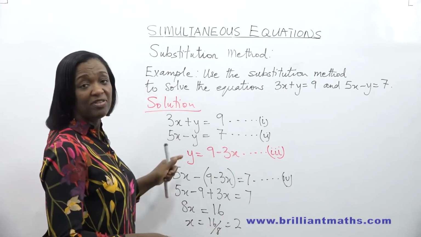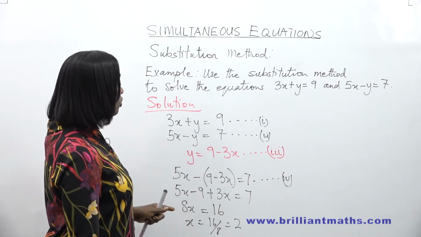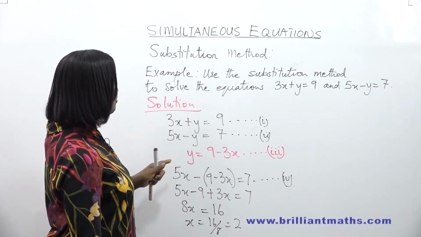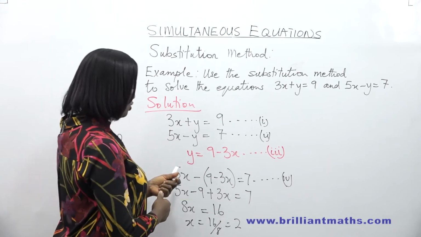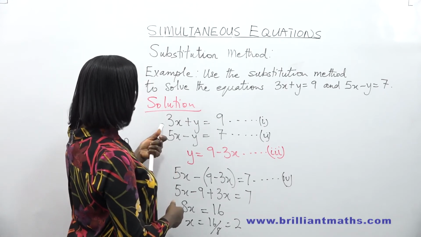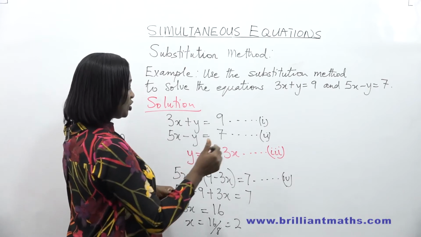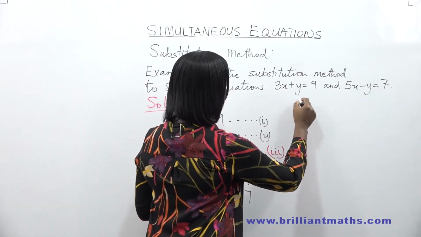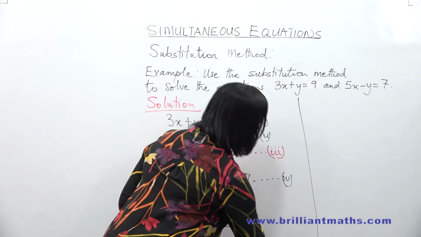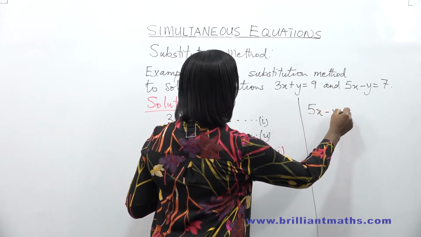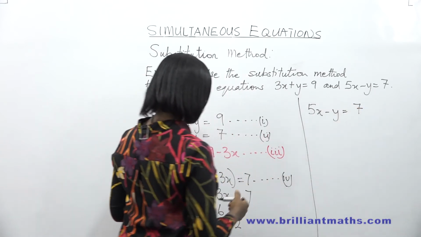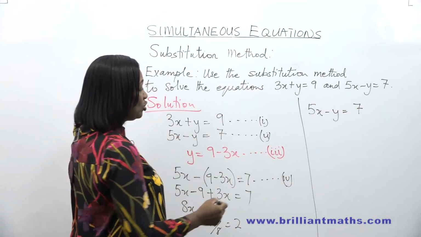So now that we have a value for x, we will substitute that value into equation 1 or 2. I'll choose to substitute it into equation 2. So I have 5x minus y is equal to 7. So x is equal to 2.